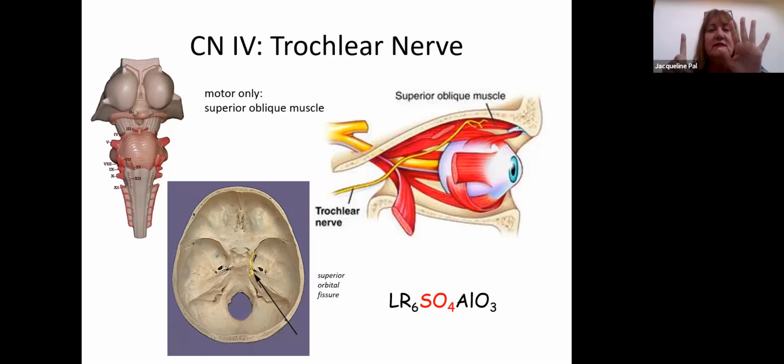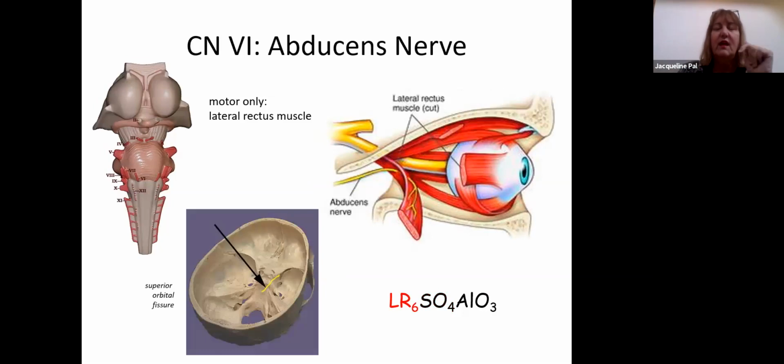And so I said there were 6 muscles that move the eyeball. We did 4 of them with the oculomotor nerve. We've done 1 with the trochlear nerve, so that's 5, which means we have 1 left. And the one that we have left, I'm jumping ahead, is innervated by the 6th cranial nerve, the abducens nerve. And that muscle is called the lateral rectus muscle.